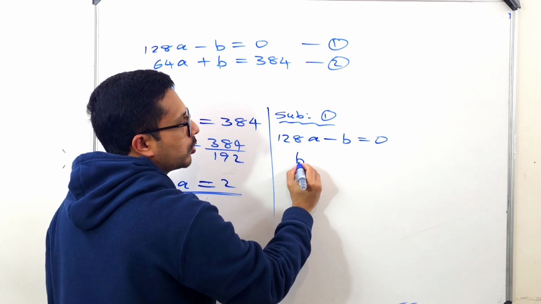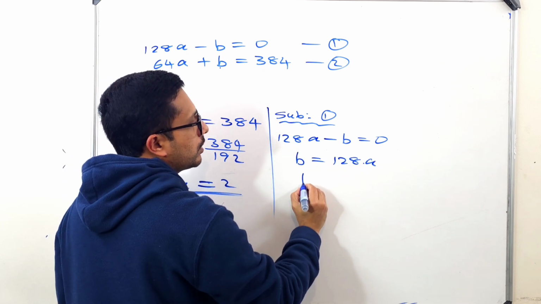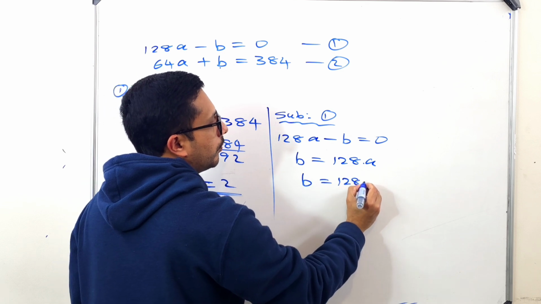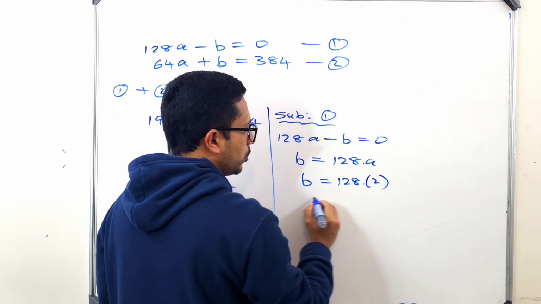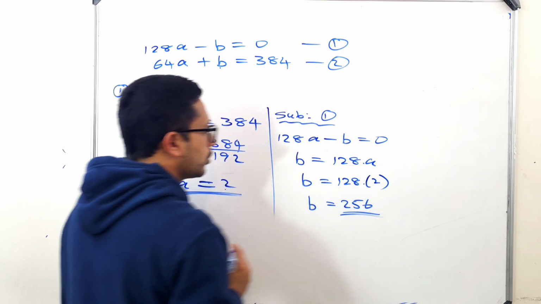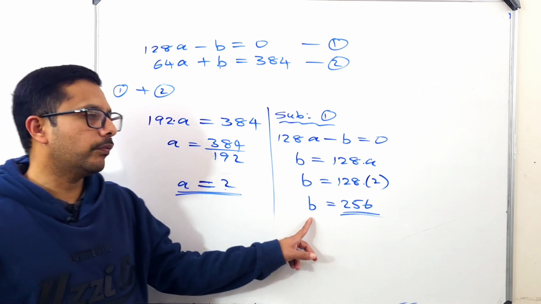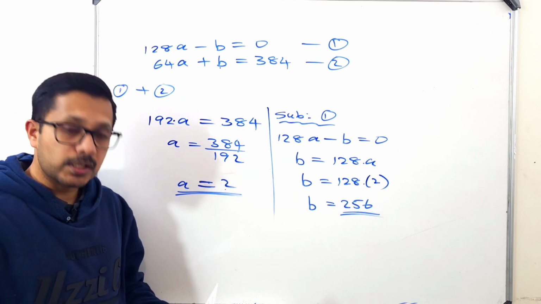So it is positive b is equal to 128a. So what is the value of a we got? 2. So 128 times 2. So b is equal to 256. So the value of a is 2 and the value of b is 256. So that is your 6 marks.